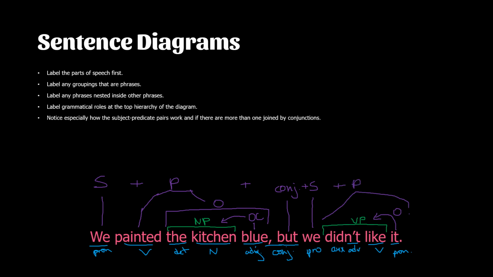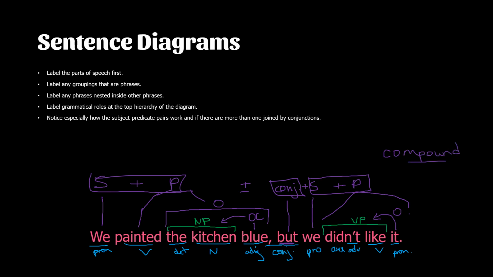So we have a subject plus predicate pair, plus a conjunction, plus another subject-predicate pair. This conjunction is one of the FANBOYS, one of the coordinating conjunctions. So these two halves are equal in weight, and that makes them compound, not complex.